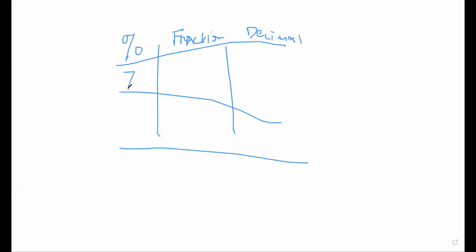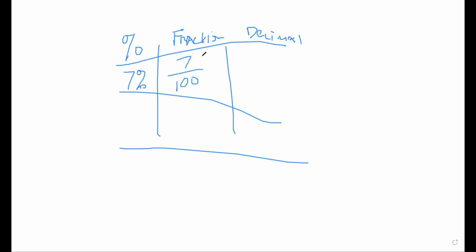So 7%, the fraction is 7 out of 100, right? Because percentages are based on a number out of 100. You get a 93% score on your test, that's 93 out of 100, right? Even if the test itself is less than that, if it's only 80 points, you can still do the percentage because you take your score divided by the total number of points.